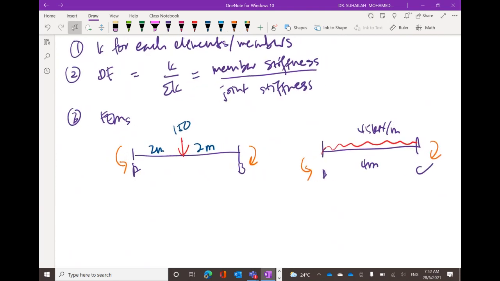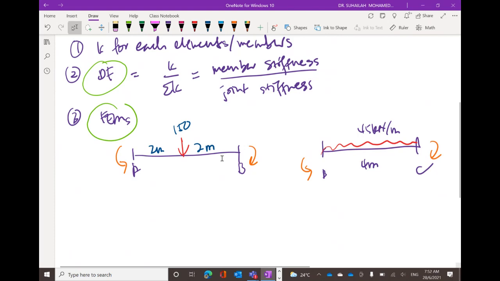After that we have to put the distribution factor and FEM into the table, and we will start calculating the end moment using the moment distribution process.